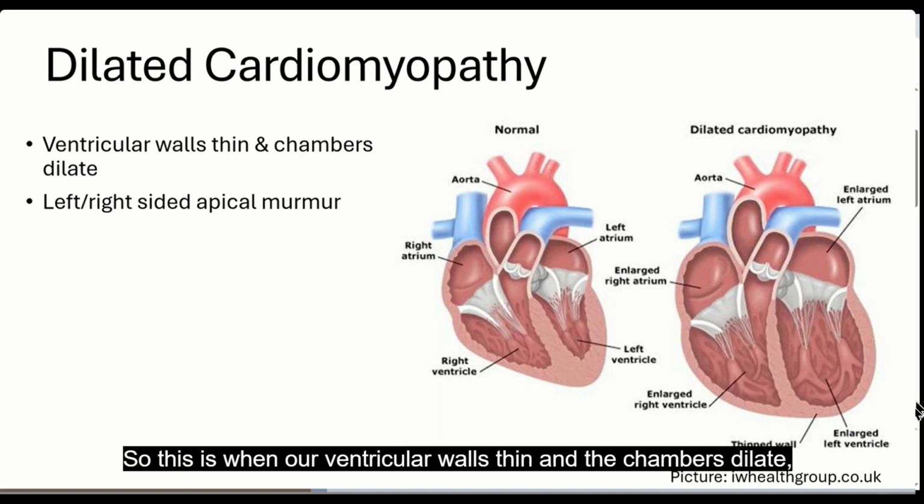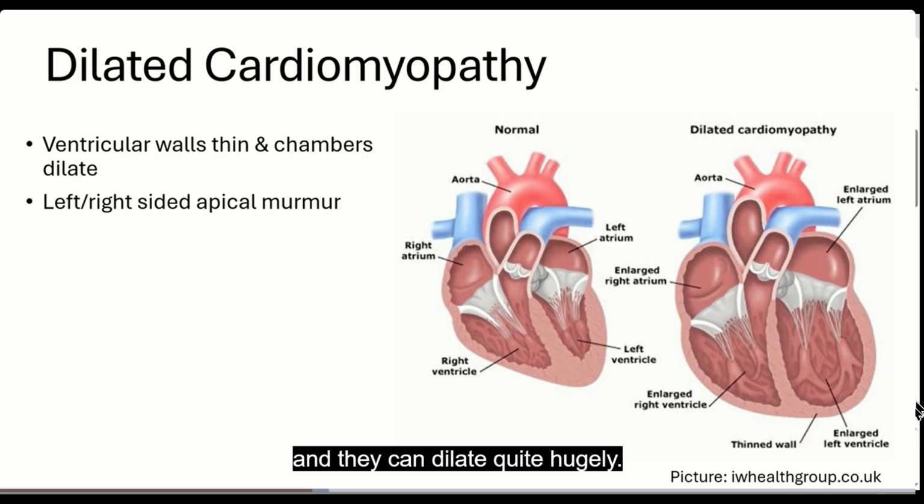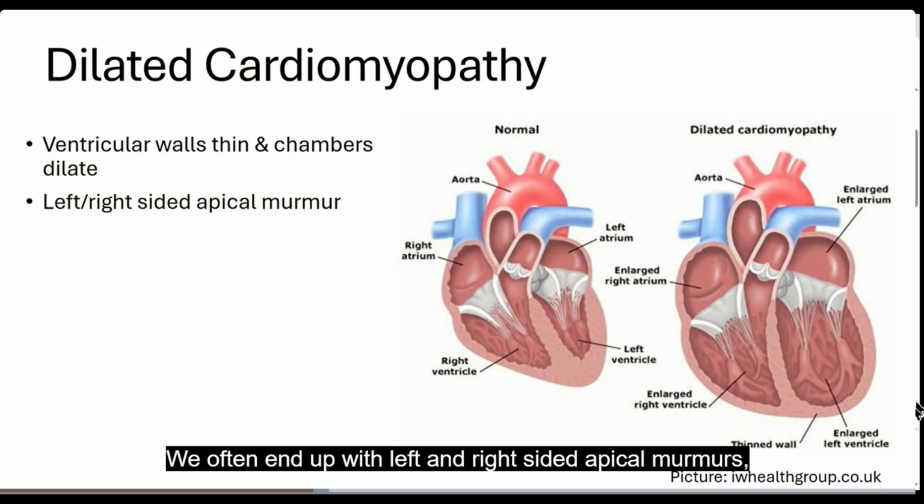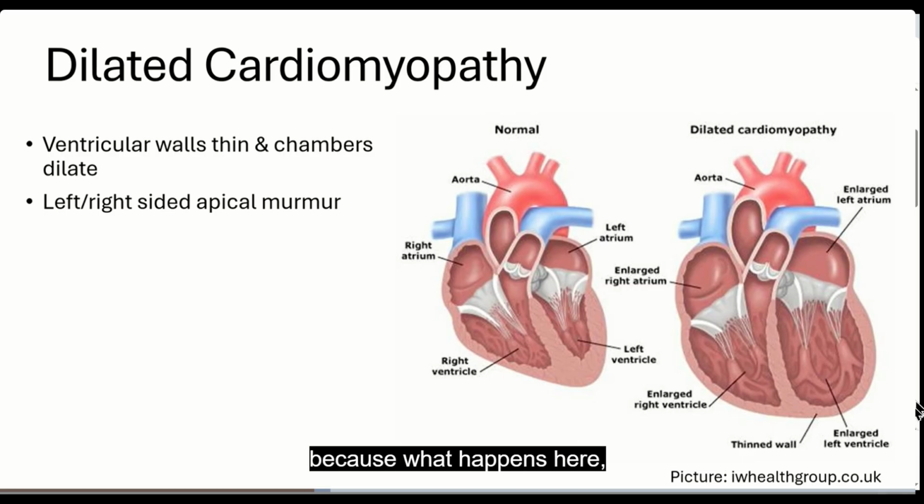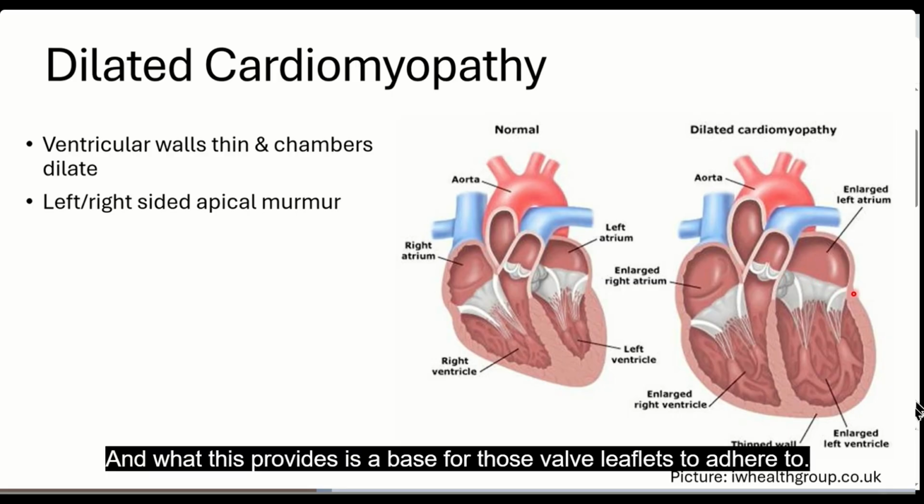This is when our ventricular walls thin and the chambers dilate, and they can dilate quite hugely. We often end up with left and right-sided apical murmurs, because what happens here, if you come across to my pictures, is that you have the tricuspid and the mitral valve annulus. What this provides is a base for those valve leaflets to adhere to.